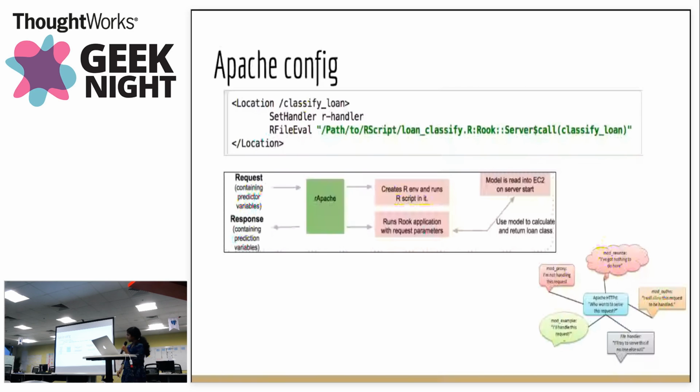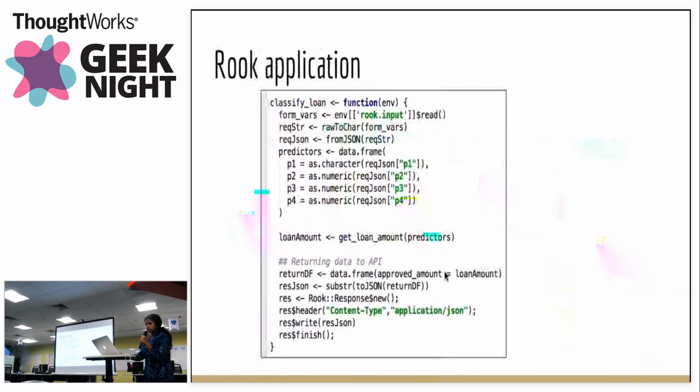The expression consists of a Rook application. This classify app is a Rook application which is defined in that R file, and inside the Rook application is the code to actually use the model to calculate the result and return it. It takes one argument, an environment, which includes all the request parameters that came in with the request.